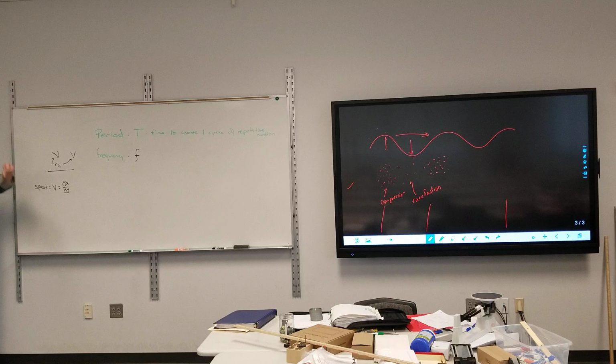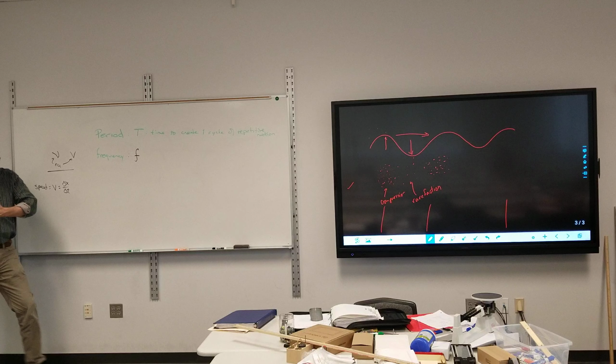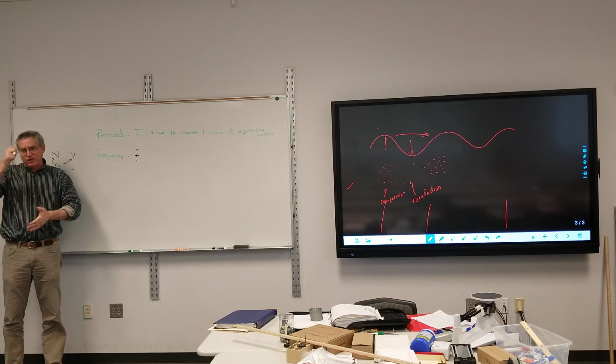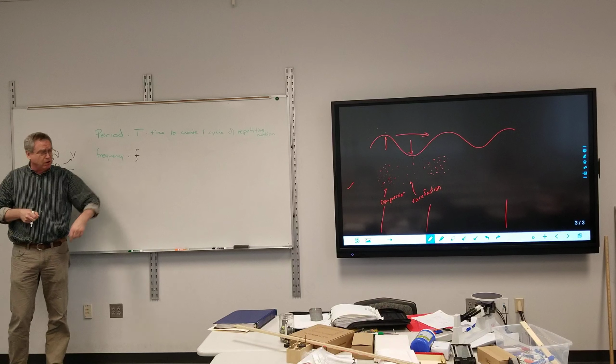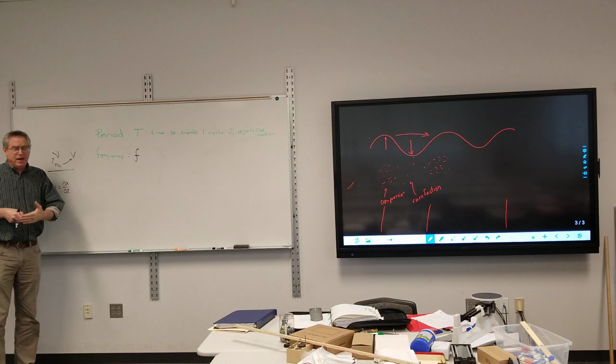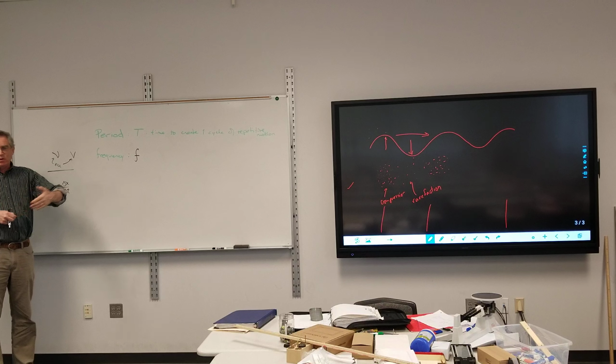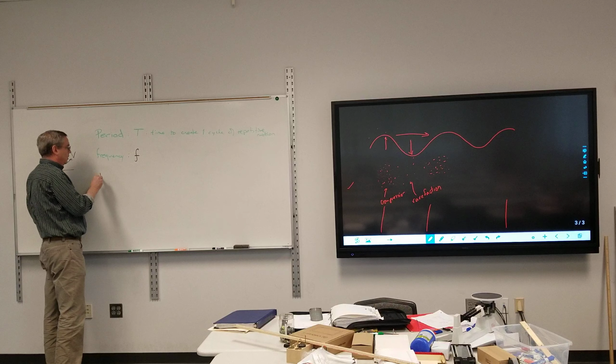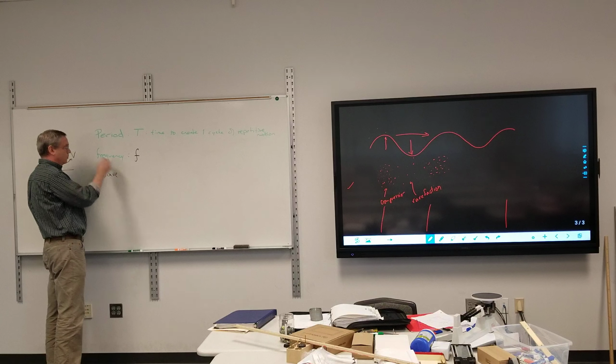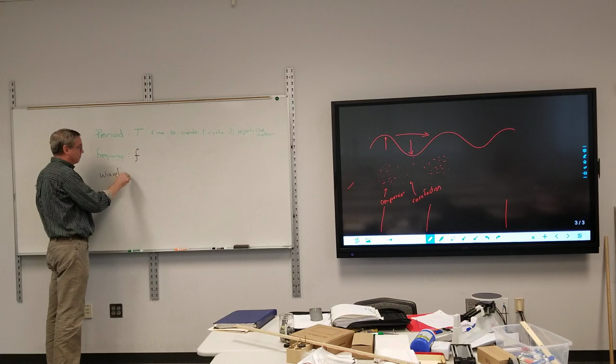So if I'm creating a wave over and over again, in the time it takes me to create a wave, that wave is going to move a certain distance. So if I went up and down on a rope, whatever I've done is being propagated along it. And the amount of distance that is traveled in the time it takes me to create a wave is known as the wavelength. We're going to connect it back to that in just a second.